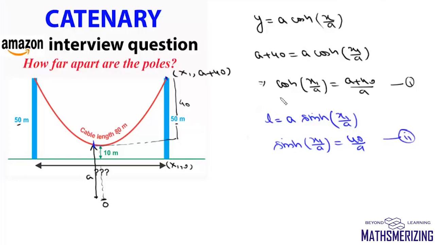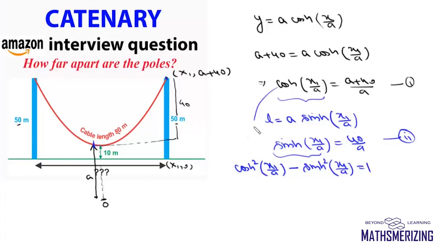Now we can eliminate hyperbolic sine and cos using the hyperbolic identity, which is hyperbolic cos square x1 upon a minus hyperbolic sine square x1 upon a equals 1.